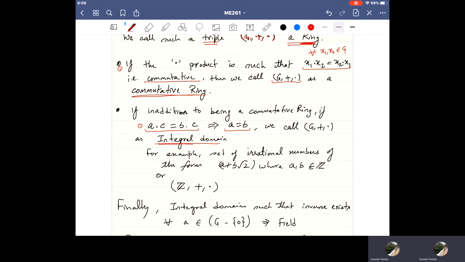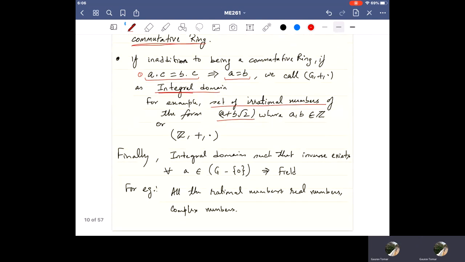So it will not form a commutative ring, clearly. It doesn't form a commutative ring itself, so it will not form an integral domain either. But an example of an integral domain would be the set of irrational numbers of the form a plus b root 2, where a and b are chosen from integers. In that case, you end up getting a commutative ring and an integral domain, which you can check.